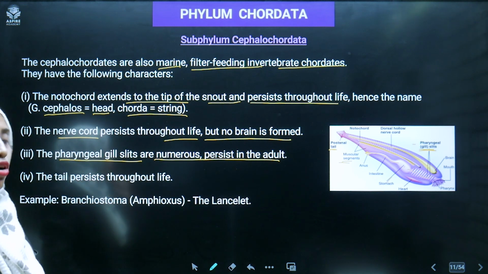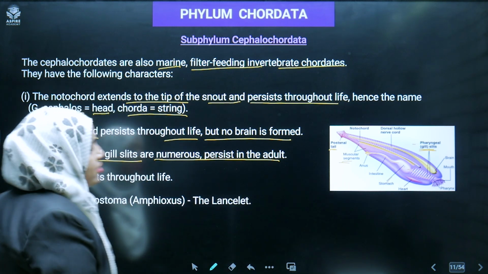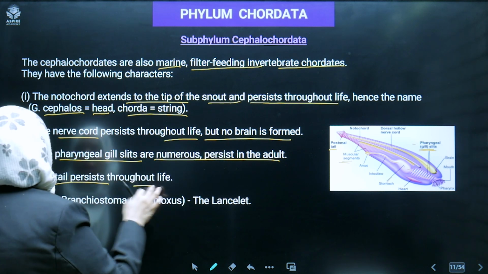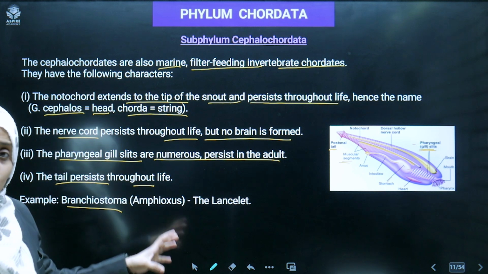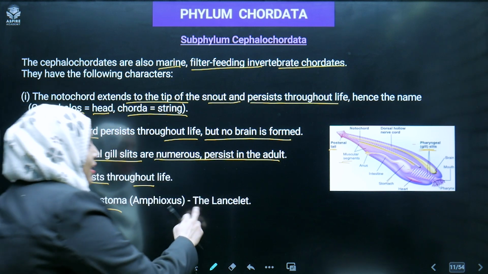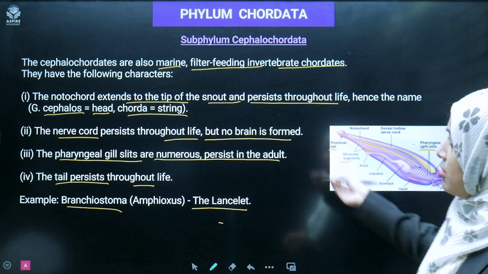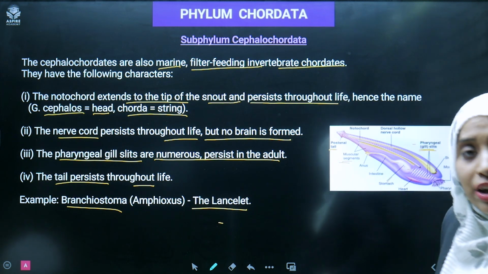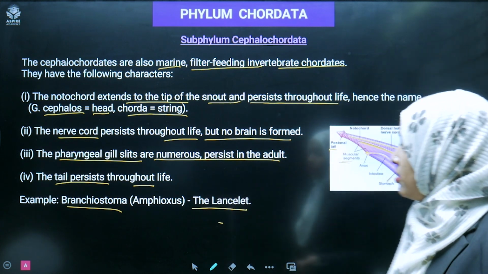You can see numerous gill slits visible. The tail persists throughout the life. Branchiostoma, that is amphioxus, whose common name is lancelet, is the example. This belongs to subphylum Cephalochordata.